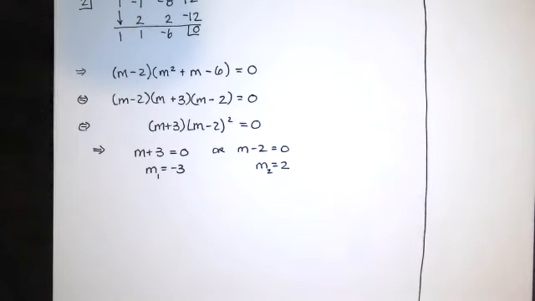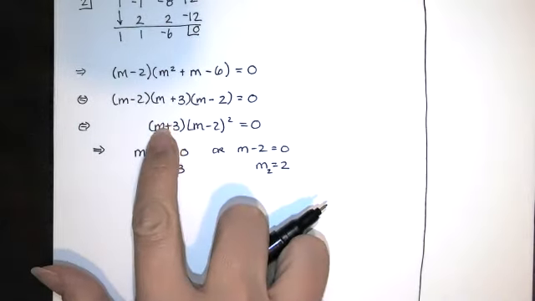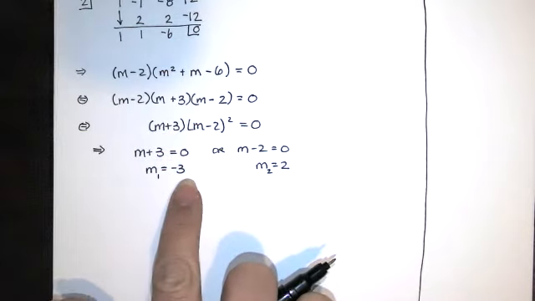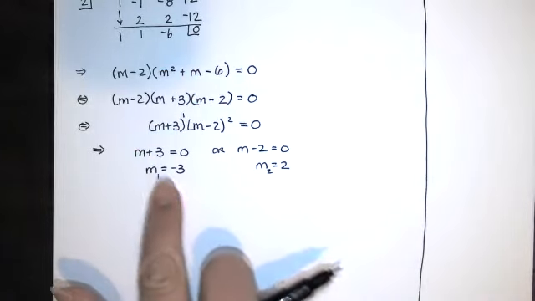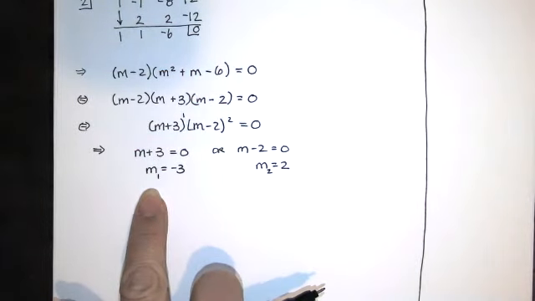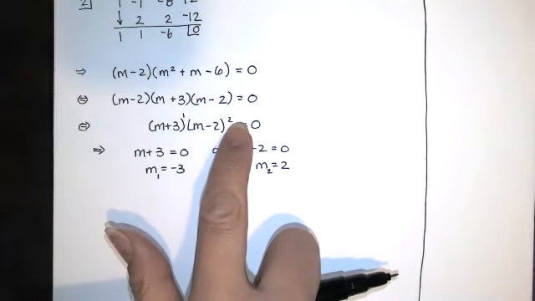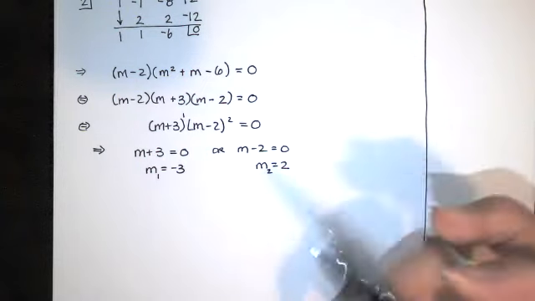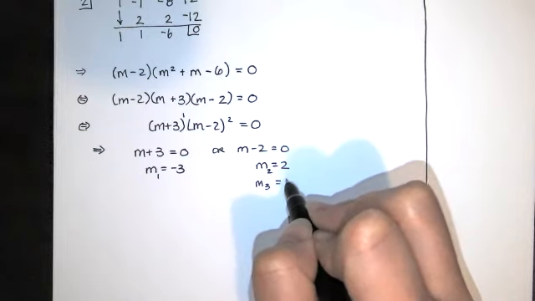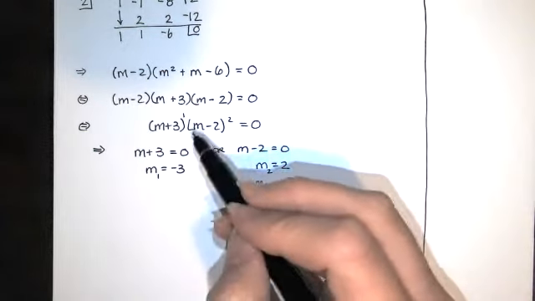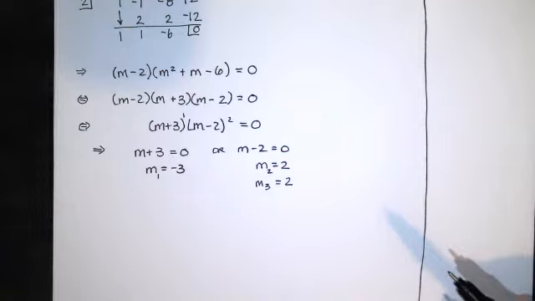All right. Now, m equals negative 3 is the 0, or the root, that corresponds to that factor, and it's raised to the first. So we just have m1 from that factor. But this is an m minus 2 squared. It has what's called multiplicity 2. So m2 is equal to 2 and m3 is equal to 2 because it's an m minus 2 factor that appeared twice.